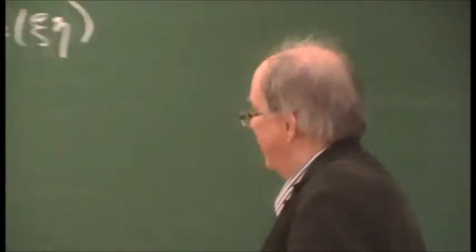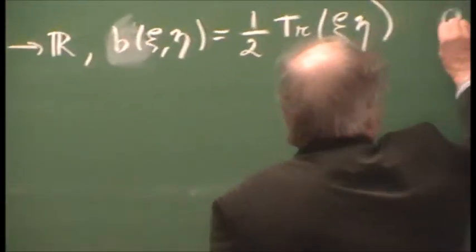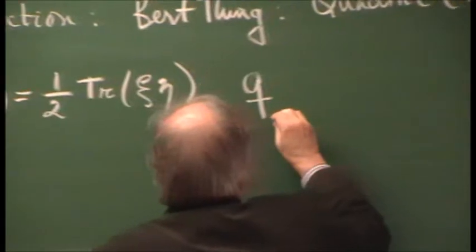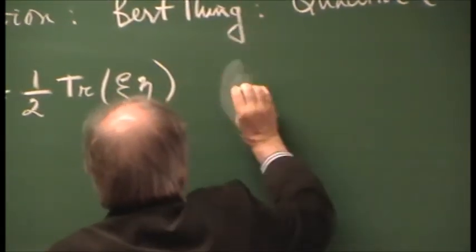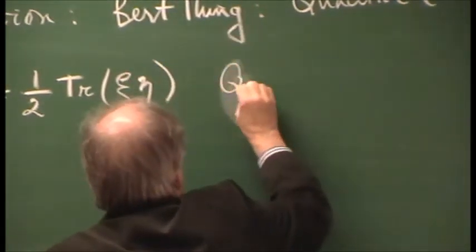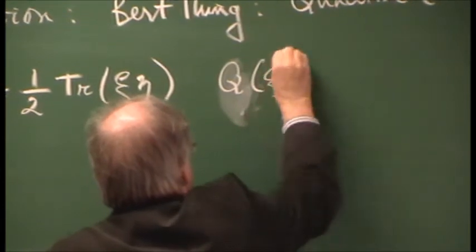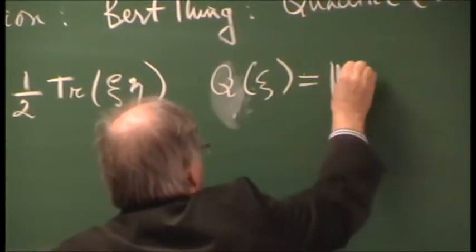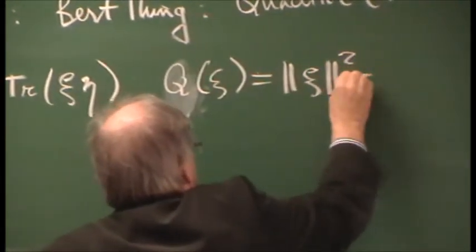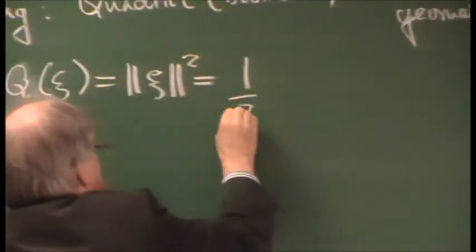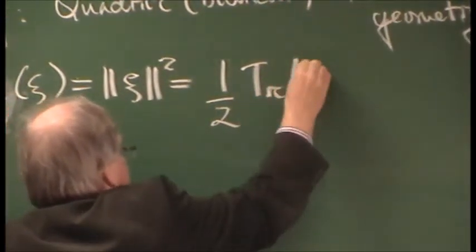Let's see here. The norm, the quadratic form, let's call it big Q because there are too many Q's. The quadratic form associated to this, the norm associated to this, say the norm of this thing is 1/2 trace C squared.